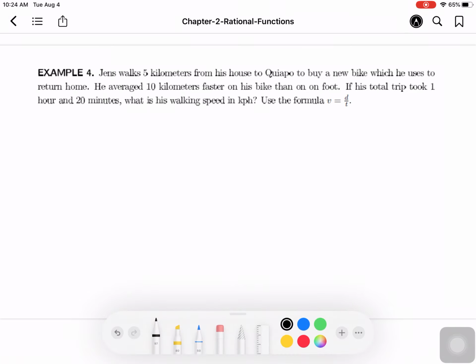So if this is the formula, V is equal to D over T, computing for time will be D over V. Right? So, the 5 kilometers from his house to buy a new bike.